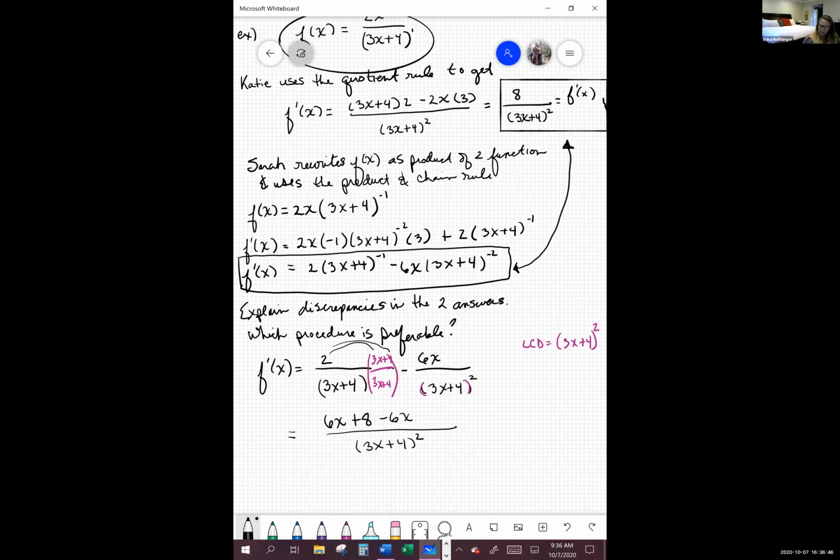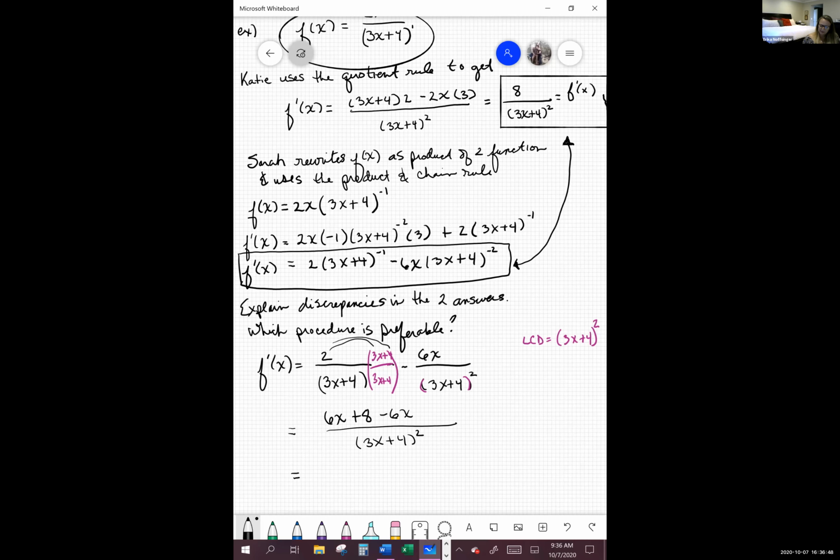Combine like terms in the numerator, 6x minus 6x cancels. So we're left with 8 all over (3x plus 4) quantity squared, which is the exact same thing that we got above.